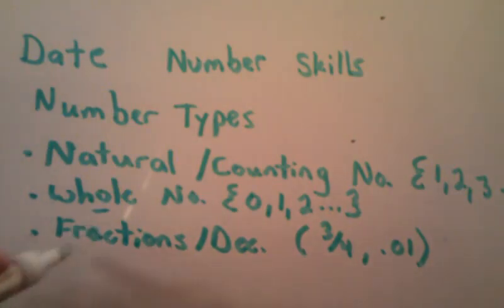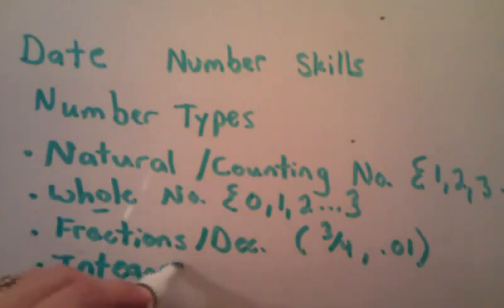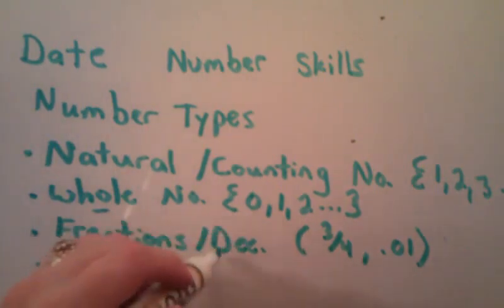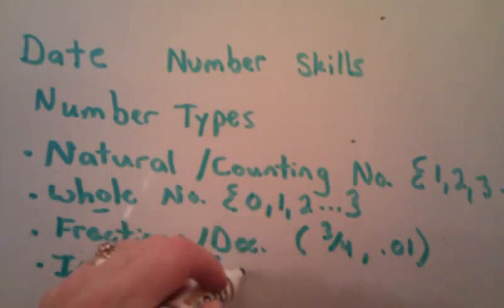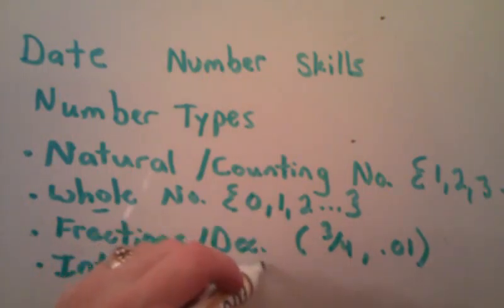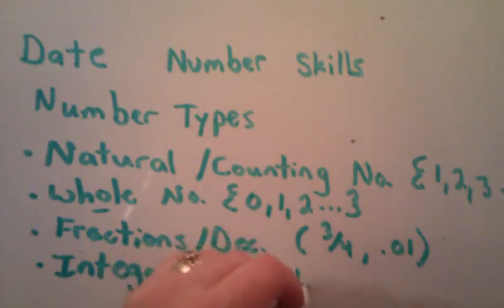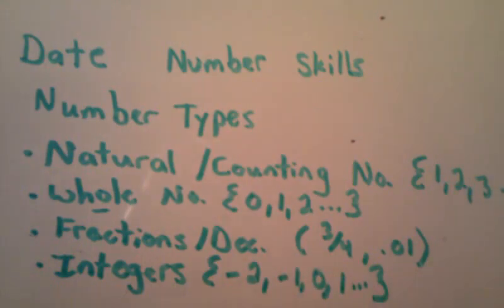Then we talk about integers. Integers include your negative numbers. -2, -1, 0, 1. Okay.